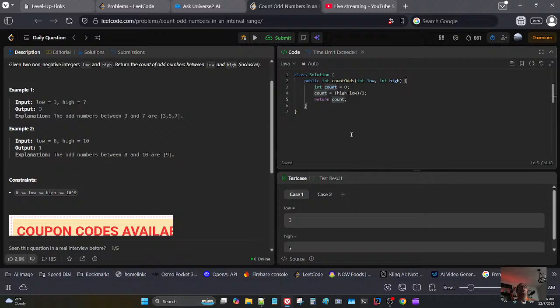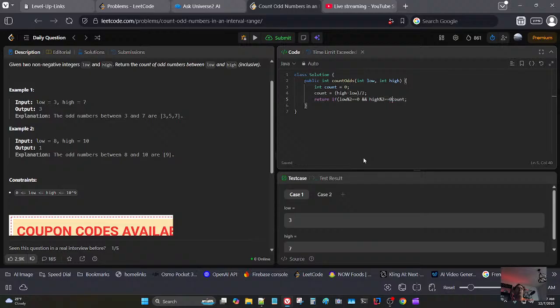So let's make a ternary thing here. If low modulo 2 equals 0 and high modulo 2 equals 0.